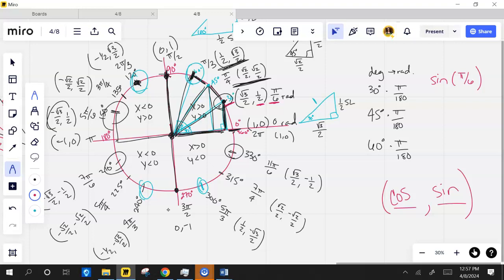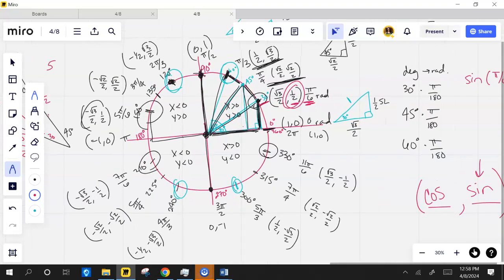Hit mode and make sure radians is highlighted. 0.5. And look at the coordinates right here. At pi over 6, the y, which is sine, is 1/2. Right?